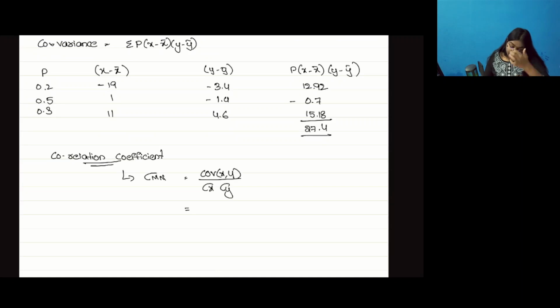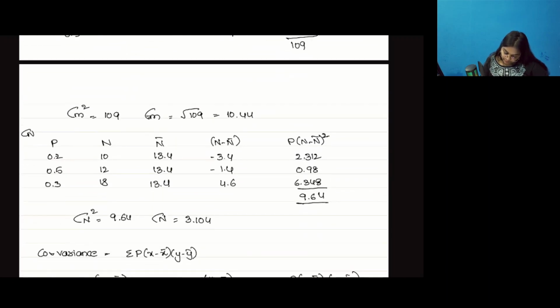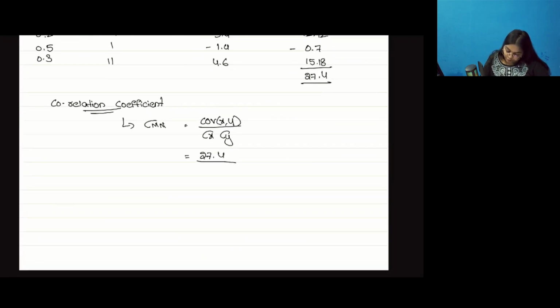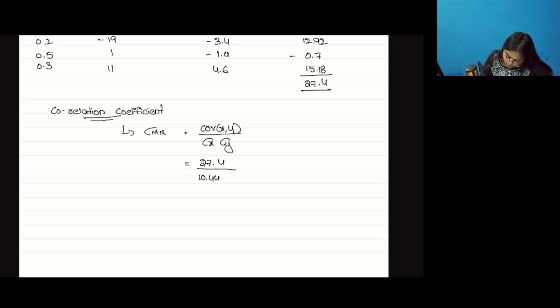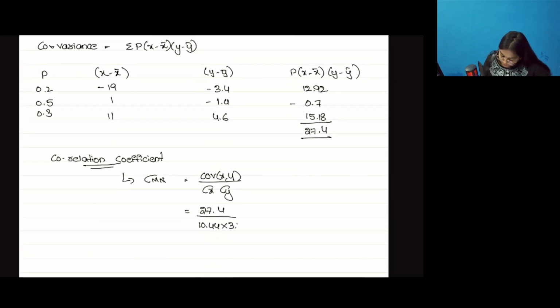So covariance of x comma y equals 27.4, and sigma x will be 10.44 into sigma y 3.104.